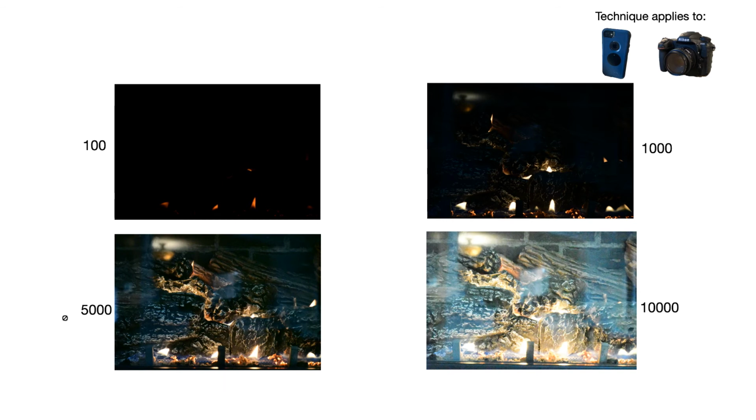We keep going. Here's ISO 5000. It's even brighter. We can see a lot more detail in the image, but you're also starting to see some graininess in the image. And this is really pronounced in this image at ISO 10,000. You can see a lot of graininess, and this is called noise. Basically what this is that we're getting most of our photons from the image from the same points in space, but there are some random photons that are entering the camera.